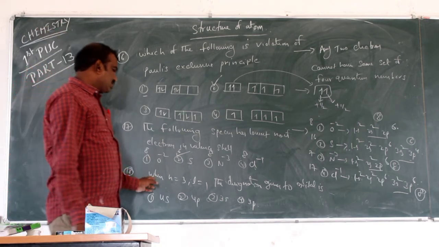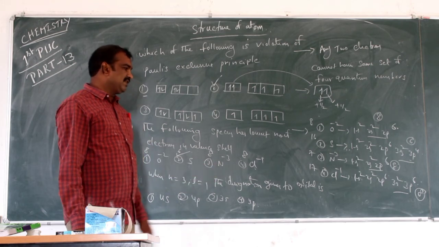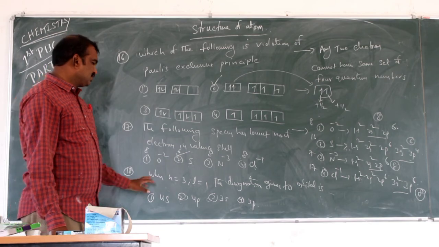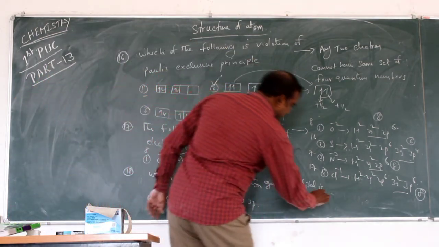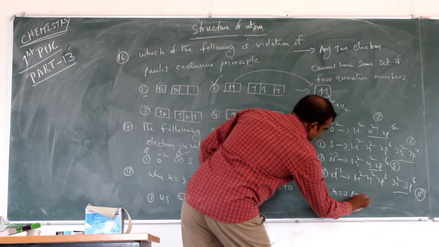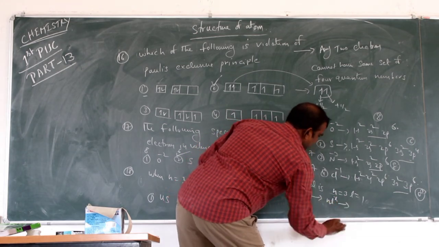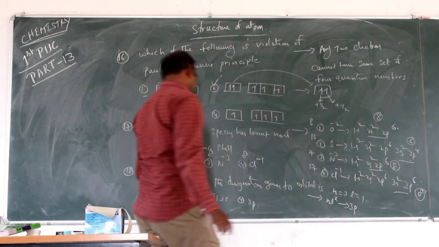Next one. When n is equal to 3 and l is equal to 1, the designation given to the orbital is. In the nl notation, l equal to 1 means p.